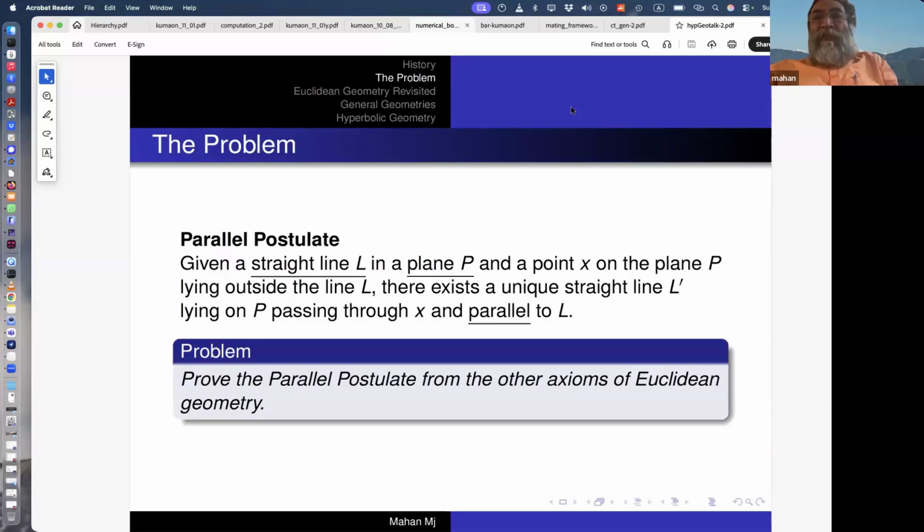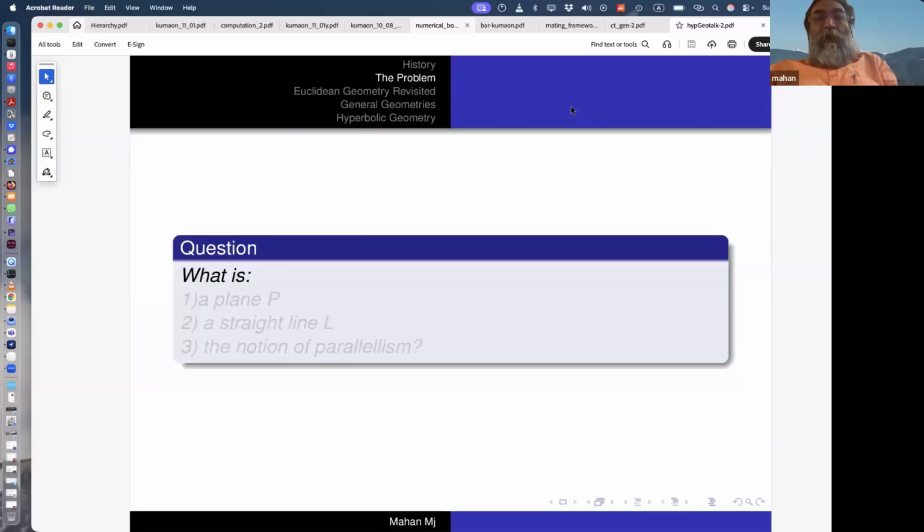And the solution, as we said, turns out to be that it can neither be proven nor disproven. So it needs one to probe deeper. What we need to ask is, these things that have been stated in Euclid's axioms need to be inquired into first.